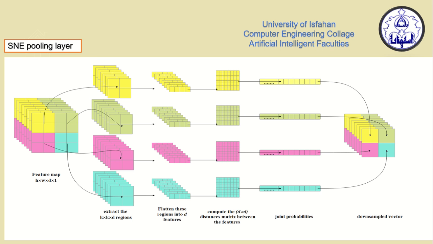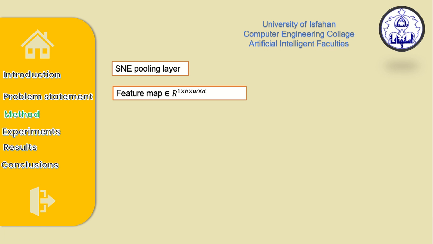In the next step, we will consider the distance matrix between the features, so we will have a D by D distance matrix. After that, we will consider the joint probability. Then we will create our new space with a specific sigma, and then we will use our cost function, which is the KL function.